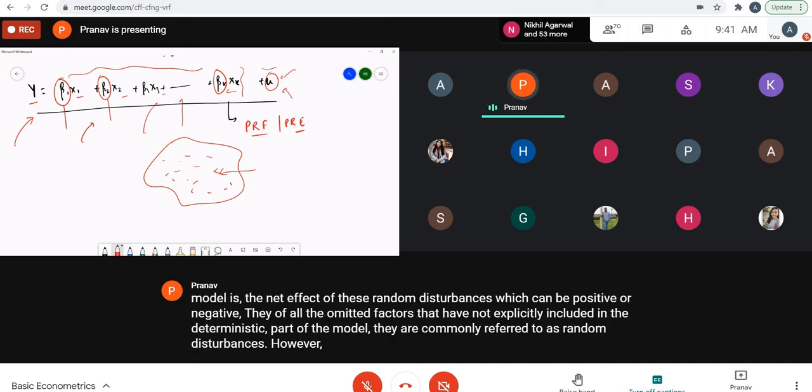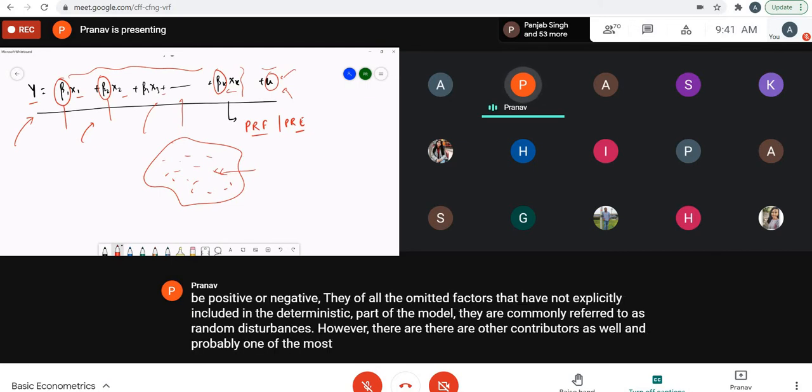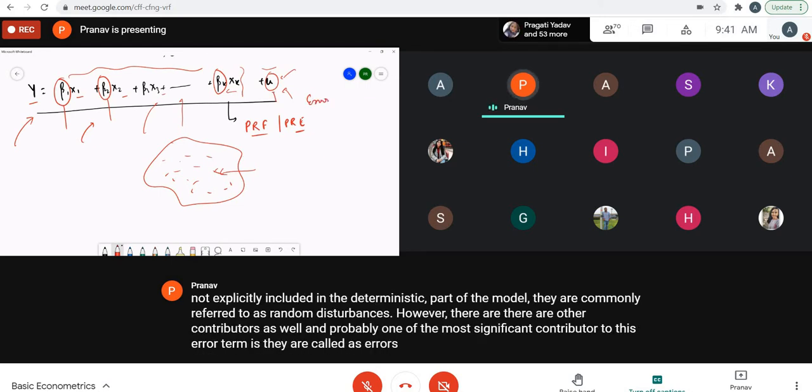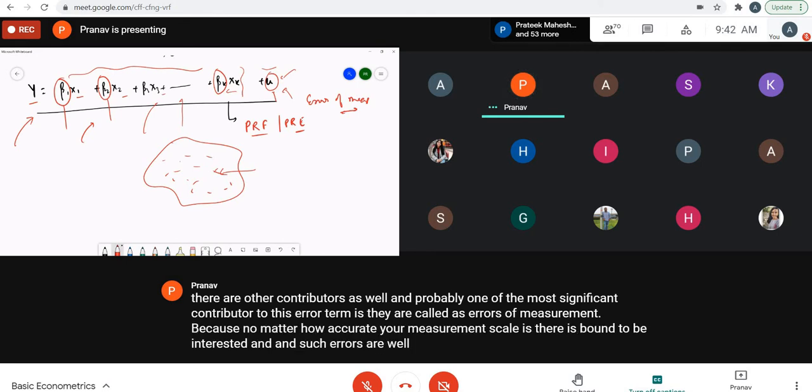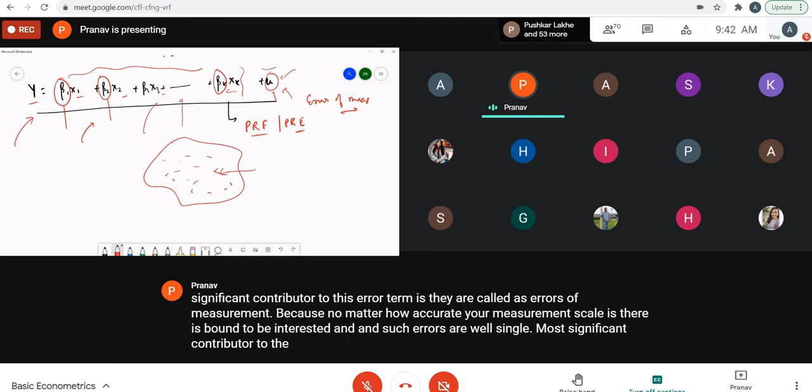However, there are other contributors as well, and probably one of the most significant is errors of measurement. Because no matter how accurate your measurement scale is, there is bound to be error, and such errors are one of the most significant contributors to the random disturbance term of the population regression function.